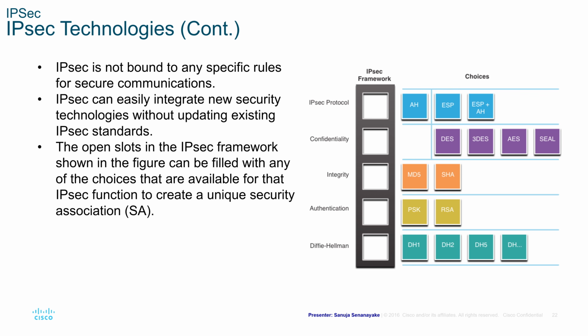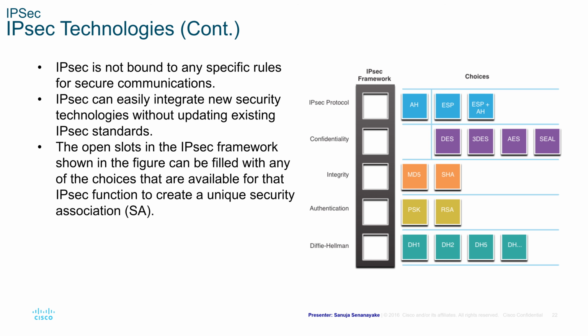IPsec is not bound to any specific rules for secure communications. IPsec can easily integrate new security technologies without updating existing IPsec standards. The open slots in the IPsec framework, shown in the figure on the right hand side, can be filled with any of the choices that are available for the IPsec function to create a unique security association, also known as SA.